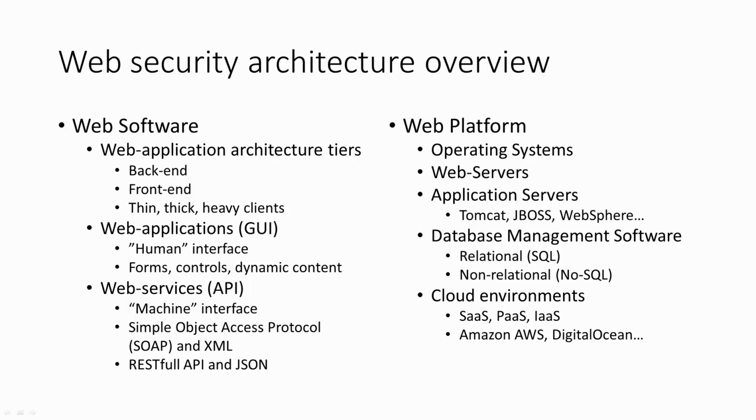So what we have on the software level, on the application level, is of course several different types of web application architecture tiers, the so-called tiers, that can be distributed between physical or virtual hosts, or can be contained within one operating system or cluster.